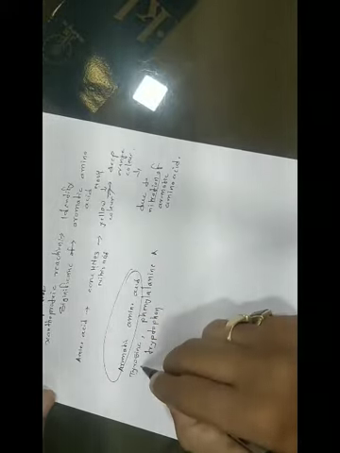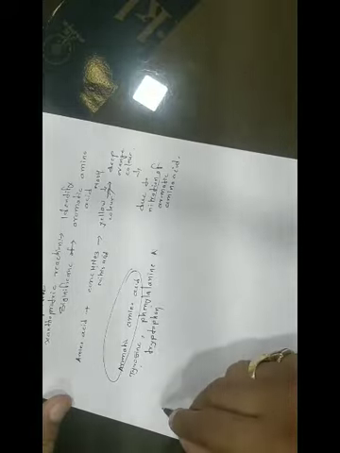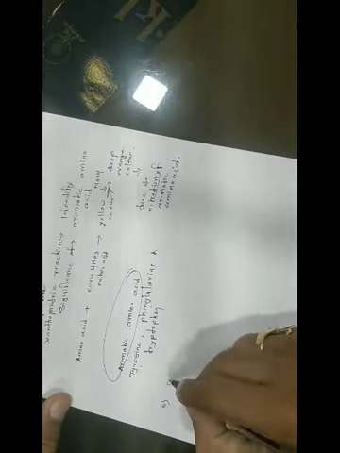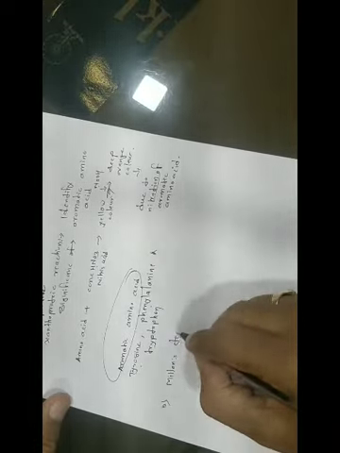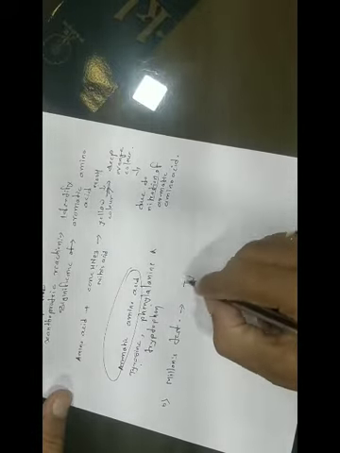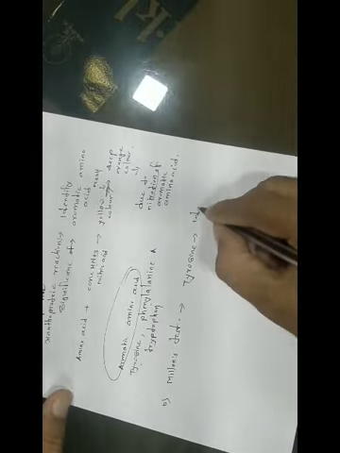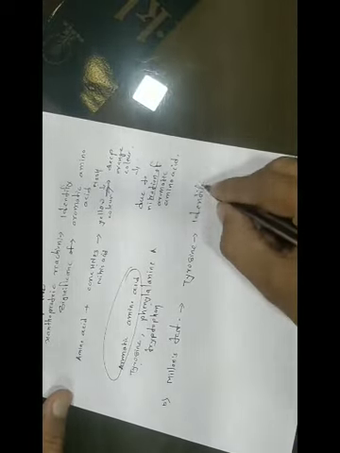These are tyrosine, phenylalanine, and tryptophan. The Millon's test is used for identification of tyrosine.